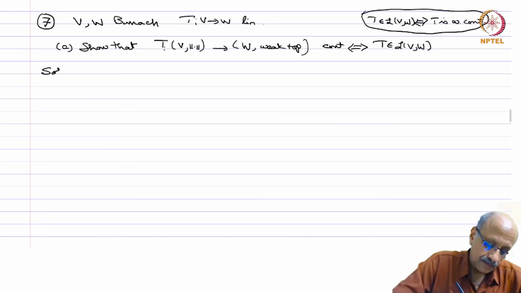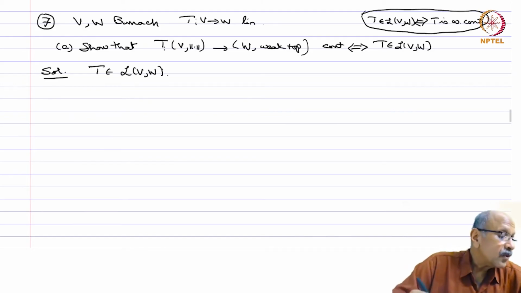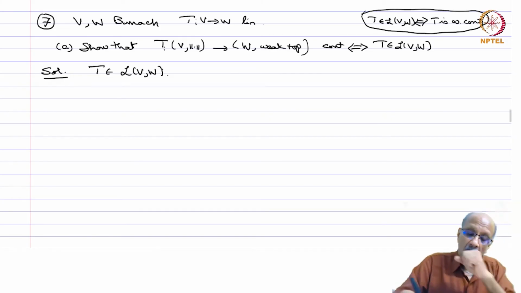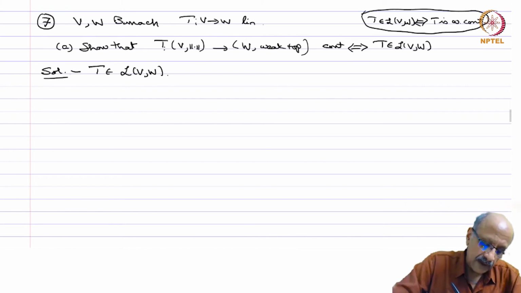Okay, so solution. So T belongs to L(V,W). So we want to show it is continuous. So we are proving the reverse part.